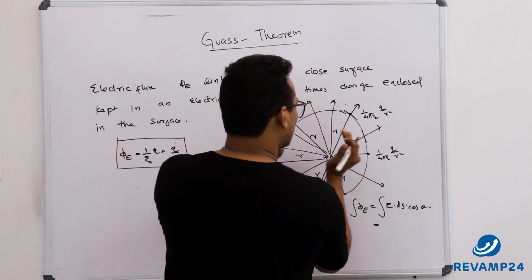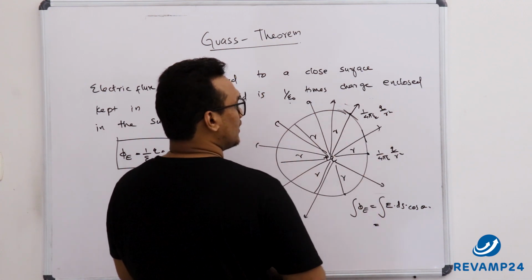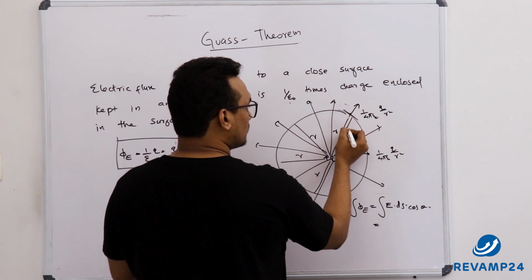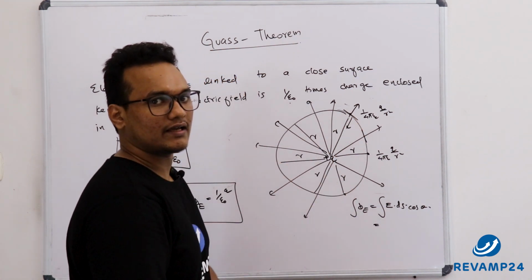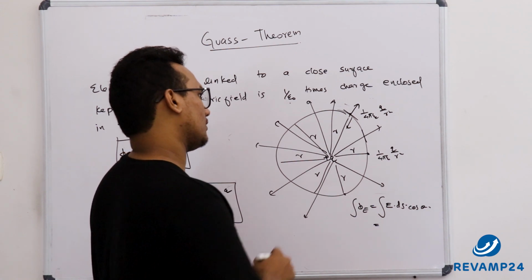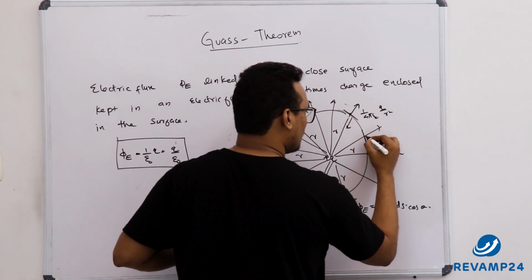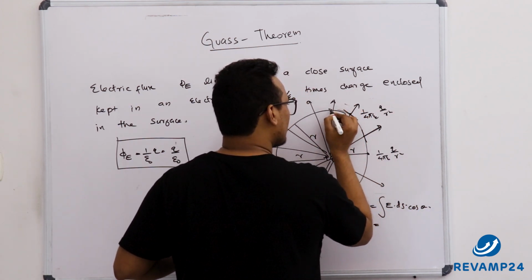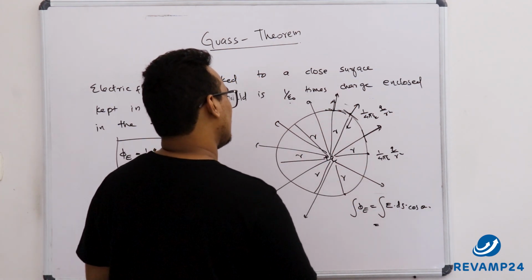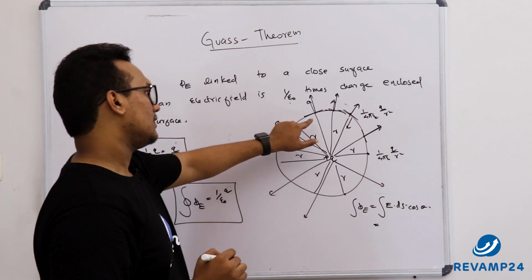A closed surface has two sides, one pointing inside and one pointing outside. Always this area has to be directed outward. Don't consider the direction of area inward. But anyway, here the areas at every point will be in this direction. Take the tangent; perpendicular to that tangent is the direction of area.